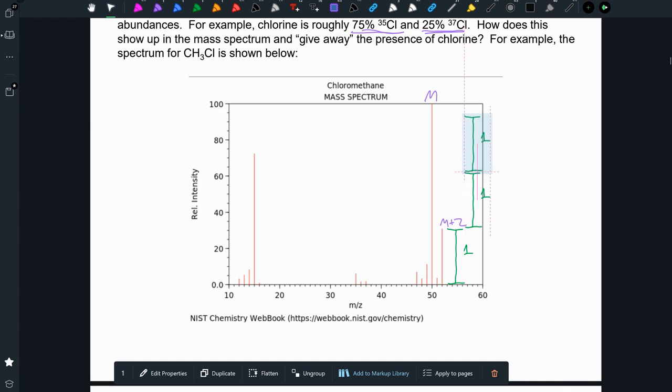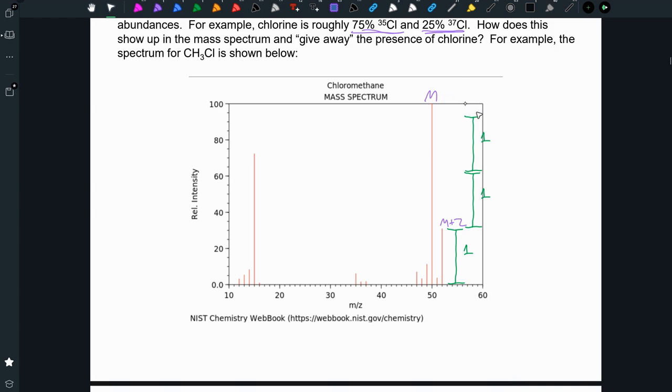All right, didn't work out exactly as I wanted, but notice there's roughly a 1 to 3 ratio in height between those, because roughly 75% of my molecules have chlorine-35. Roughly a quarter of them have chlorine-37. So when you see a spectrum like this, where you have a 3 to 1 ratio between an M peak and an M plus 2 peak, that's a hint that there's chlorine in the molecule.